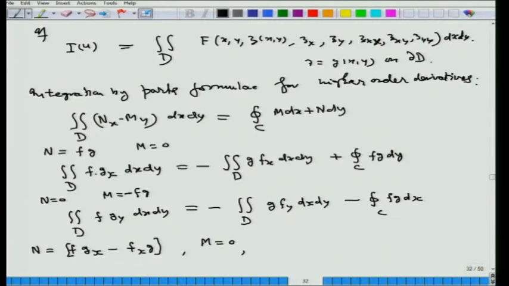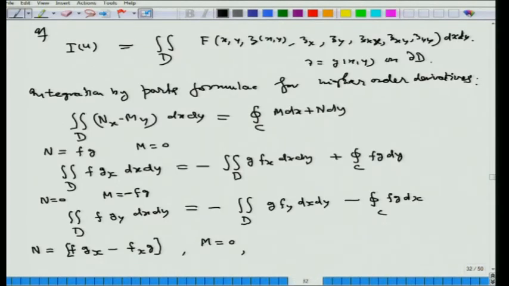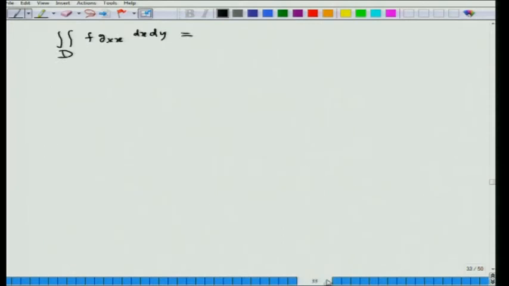So, here we will have double derivatives coming. So, f g x x and then f x g x. So, that again will cancel with f x g x here. So, we will have only terms like this, f g x x dx dy, and we will have here, and in this we will have now f x x g, and with minus sign which will come on the right with plus sign.